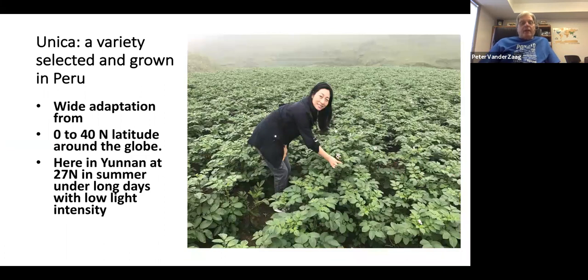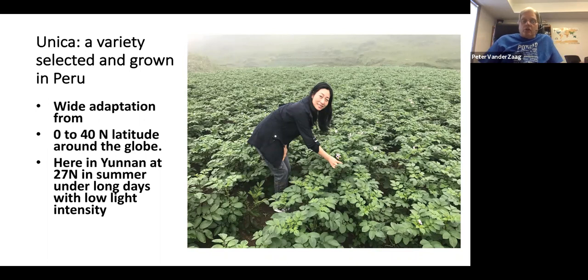Now, the variety Unica, which was selected and grown in Peru with SIP's work and the Peruvian government's work, has shown a uniqueness in that it's widely adapted to many parts of the world. This variety is called Qingsu 9 in China, where it was selected in northern China at probably 40 degrees north latitude. And it's growing in many parts of Asia as well as Africa today.